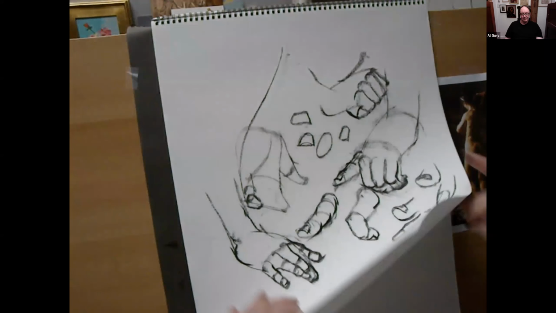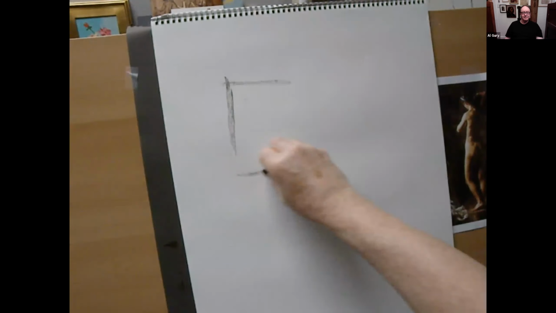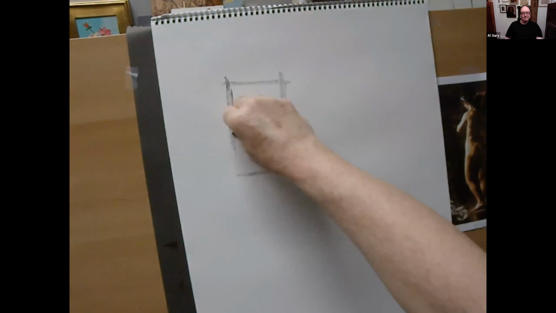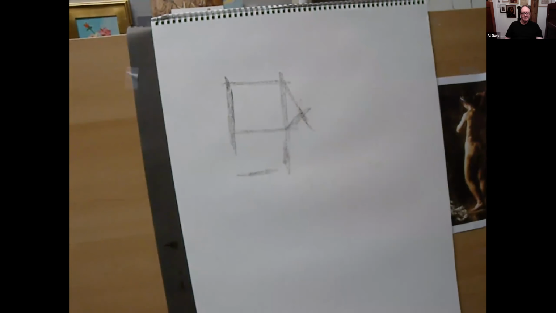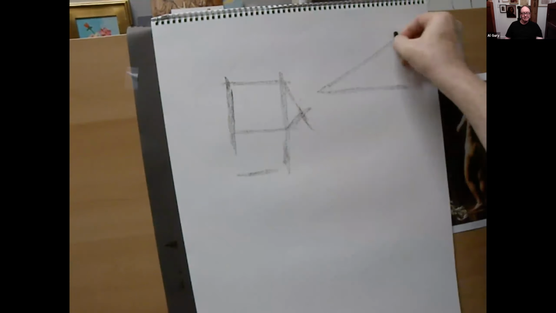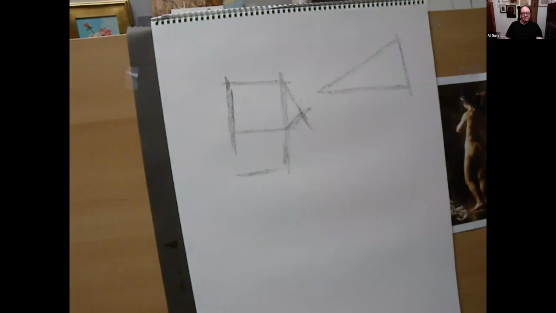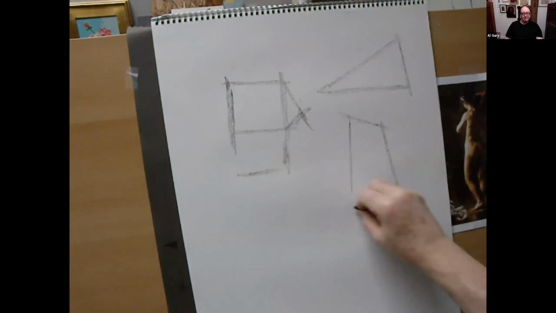The feet have a very similar kind of structure, whereas the hand is primarily a rectangle divided in half with the isosceles triangle of the thumb. The foot can be seen as either a large, again, isosceles triangle, or it can be seen as a trapezoid from the front, and this would be the side.